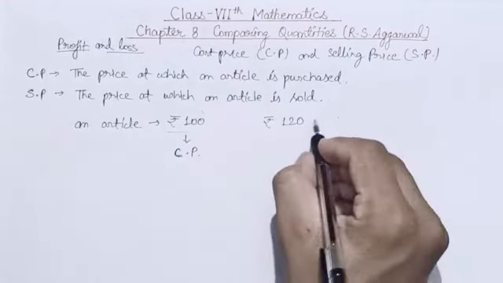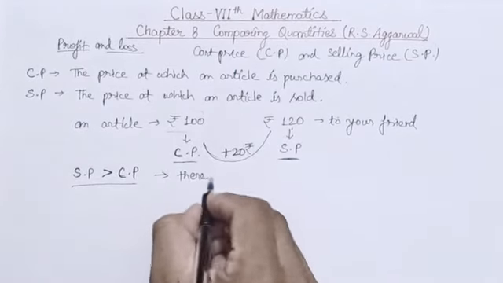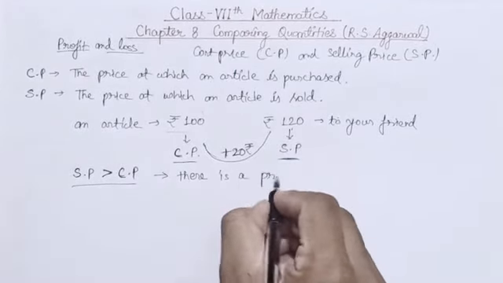So from this example, it is clear that whenever SP is greater than CP, it means if the selling price of an article is greater than the cost price of that article, then there is a profit. Now profit is also known as gain.